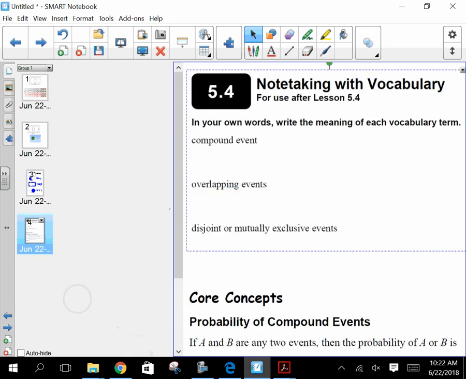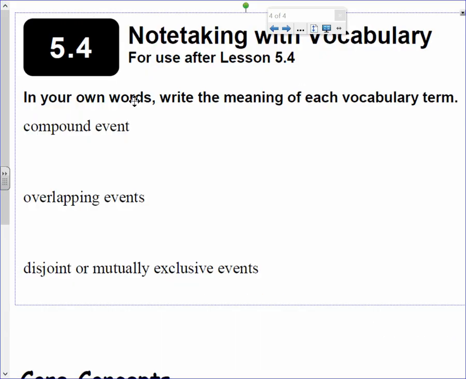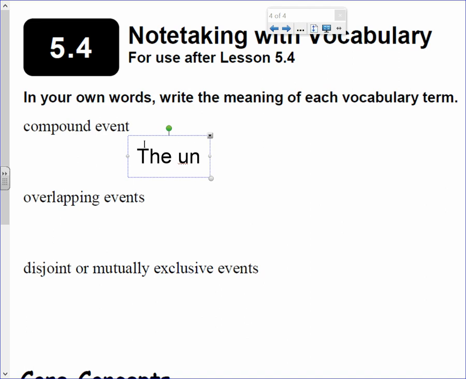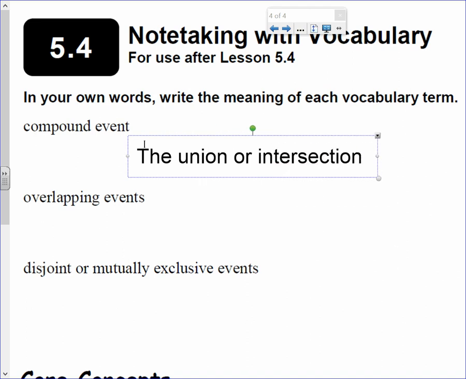All right, so the first word on that handout is compound event. Go ahead and write the definition: the union, meaning coming together, or intersection of two events.